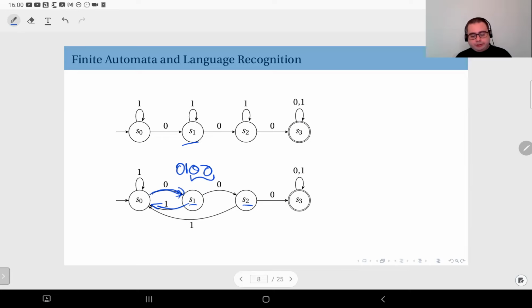So for a string to be accepted by this automaton, it has to have a consecutive triplet of zeros, in the form of this. It can appear anywhere in the string.